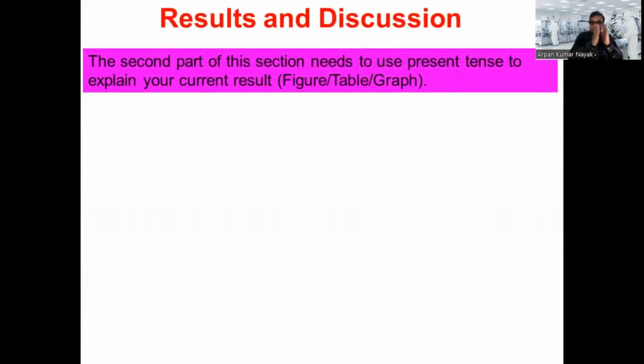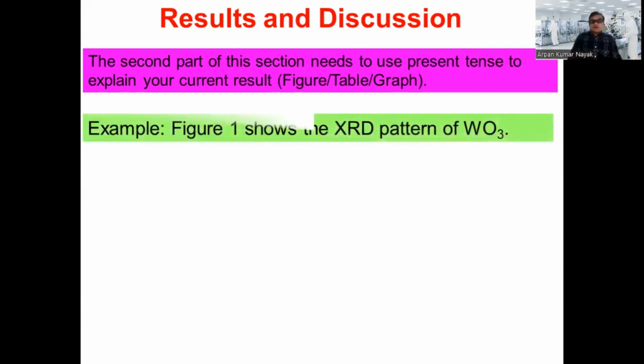So the first statement will be a general statement. That's why we used past tense. From the second onwards, you present your work, the figure or graph, and what it displays, that you have to mention and show. That's why you should use the present tense. For example, suppose your Figure 1 is an XRD, like in the previous case I told, that structural properties can be understood from XRD.